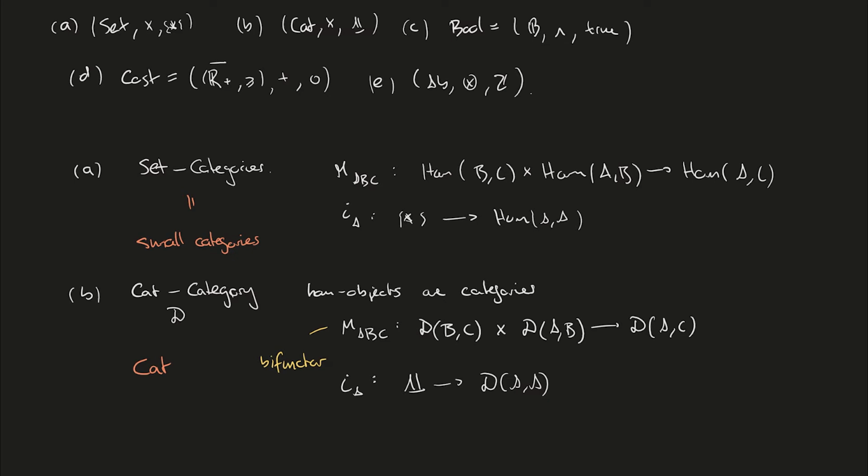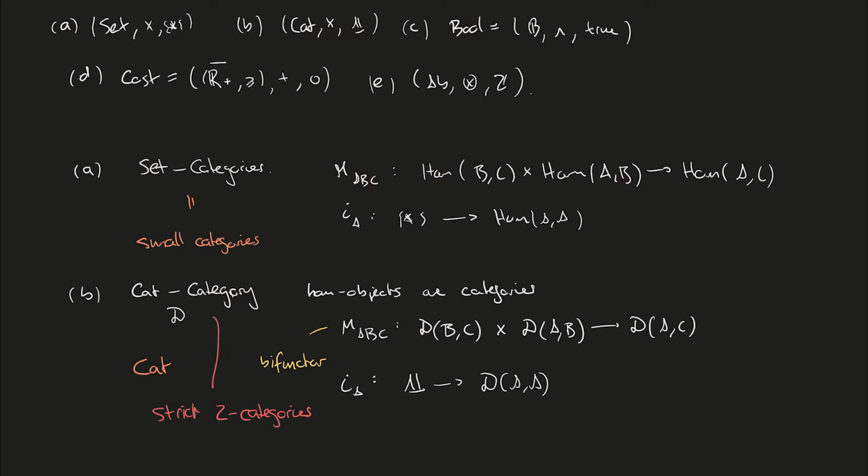That's because functors between two objects themselves form a category, namely the functor category. In general, Cat-enriched categories are called strict 2-categories. And we've already seen what data we need to specify and what properties these data need to fulfill to be a strict 2-category.